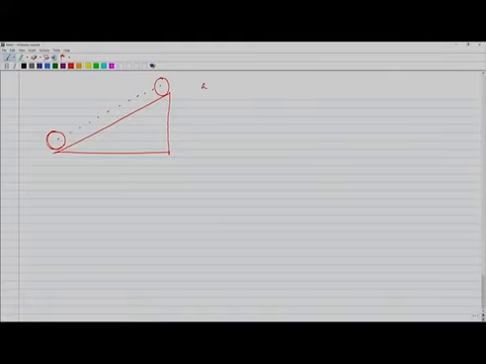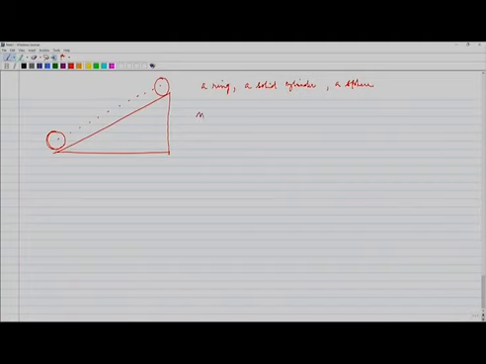So I have a ring and a solid cylinder and a sphere. Now at this point, whether it is a ring, a solid cylinder or a sphere, the object will have only potential energy. When it comes here, it will have only kinetic energy.